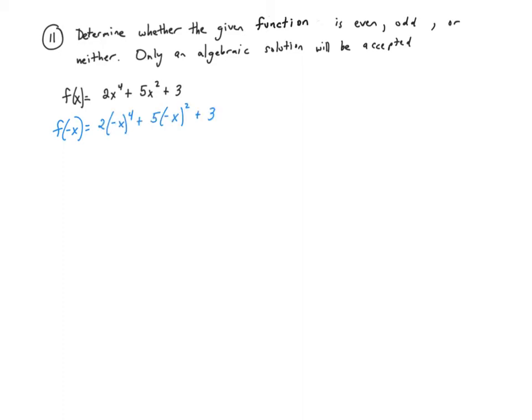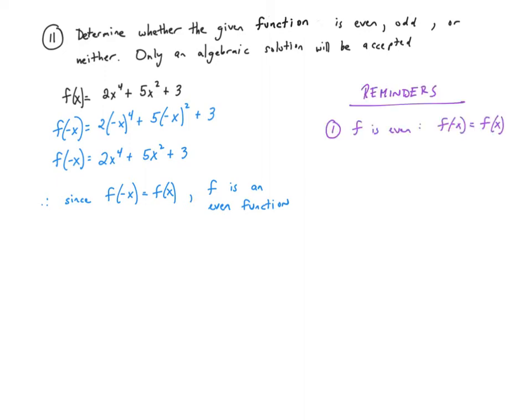By plugging in a negative x, we will obtain 2 times the quantity negative x to the fourth plus 5 times the quantity negative x squared plus 3. Simplify to obtain f of negative x equals 2x to the fourth plus 5x squared plus 3. Therefore, since f of negative x equals f of x, f is an even function.